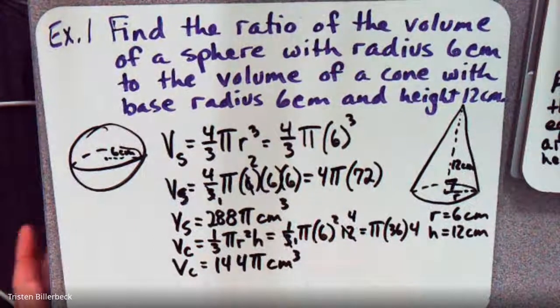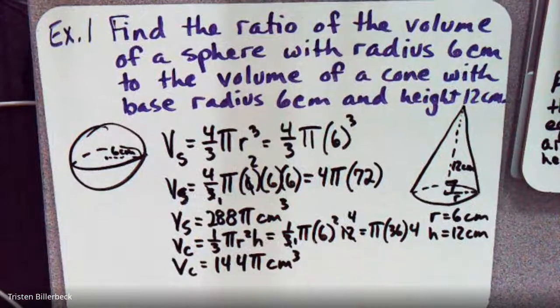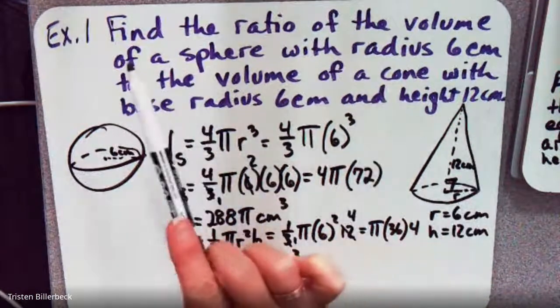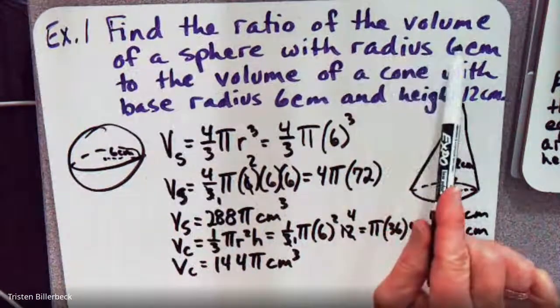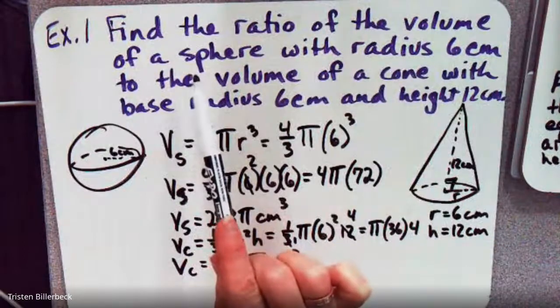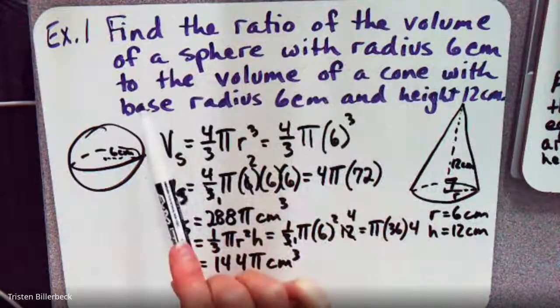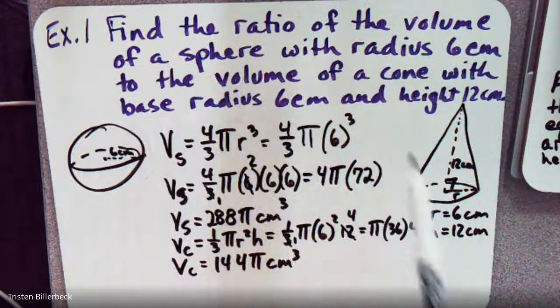So now we need to go back to the directions, and it says find the ratio of the volume of the sphere with the radius of 6 centimeters to the volume of a cone.